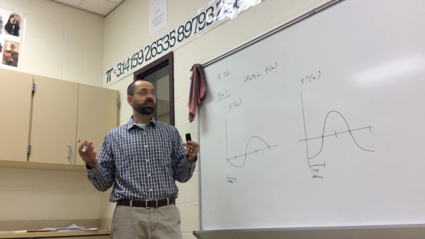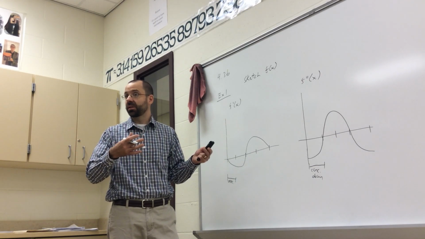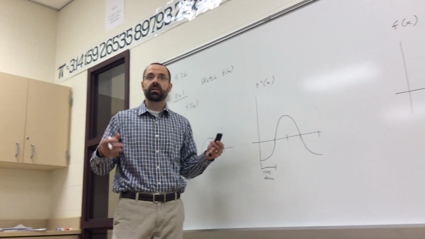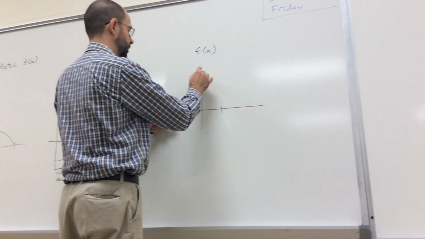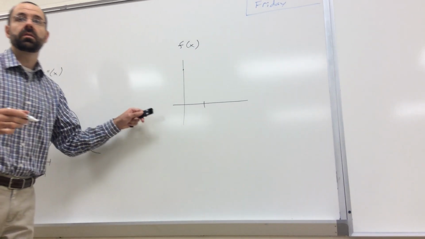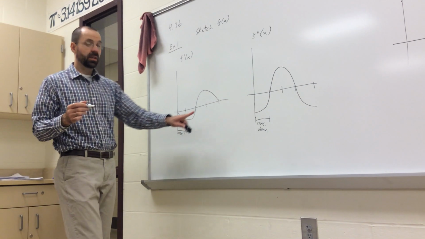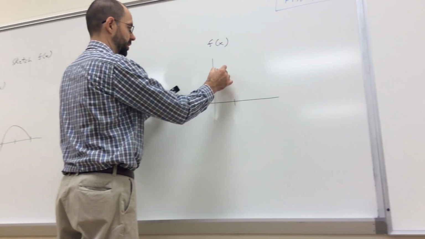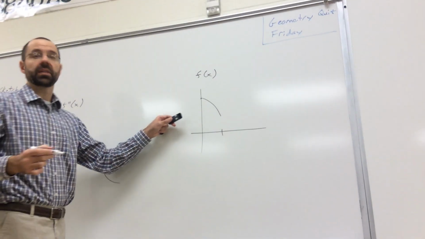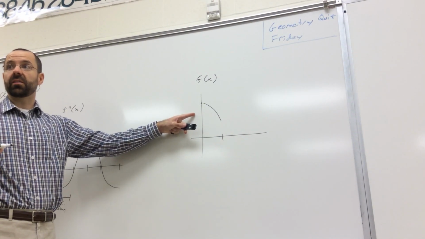So all we have to do is sketch a graph that is the right shape, and we can start anywhere. So I'll just start here, I guess. I need it to be decreasing and concave down, so that looks like this. That's a graph that's going down and is concave down.